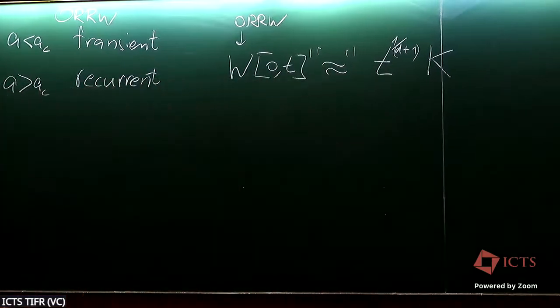You have a balloon that grows quite slowly, and the once reinforced process is jumping inside this balloon and getting to all points more or less equally at equal time. So in particular at 0, up to time t it spends something like t to the power 1 over d plus 1.